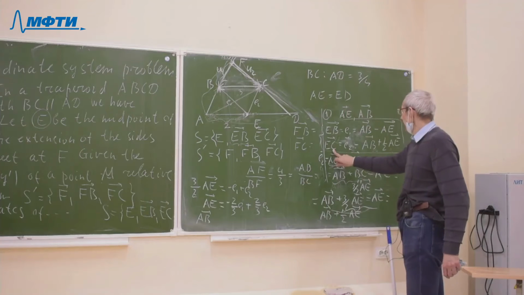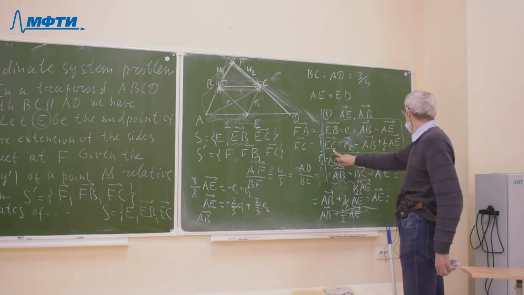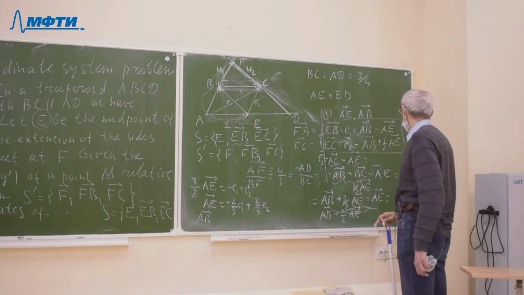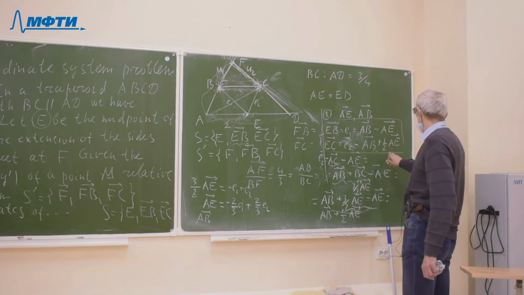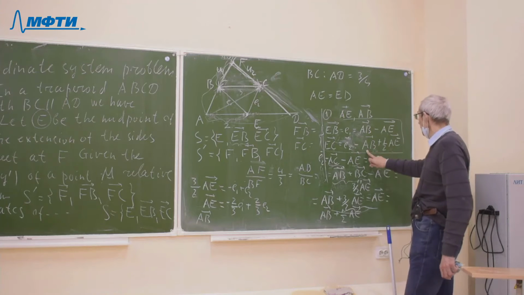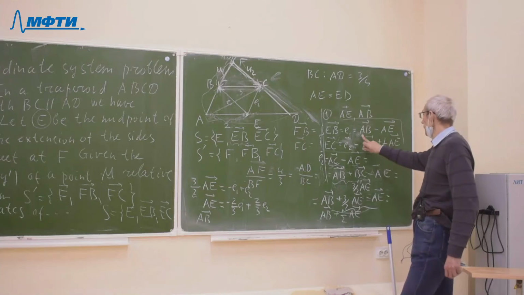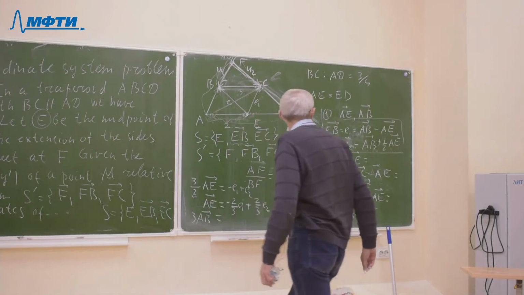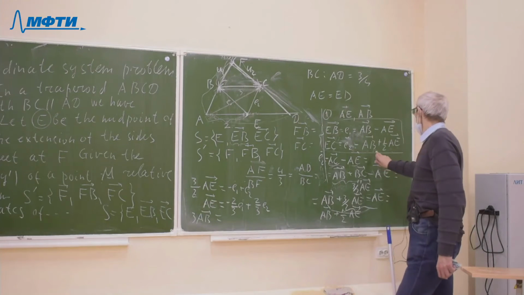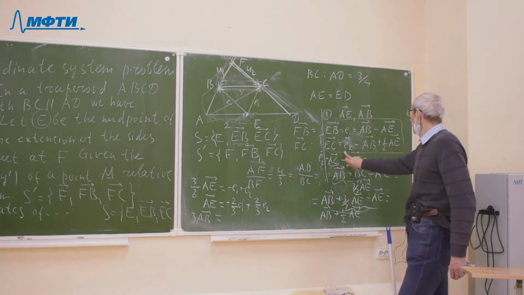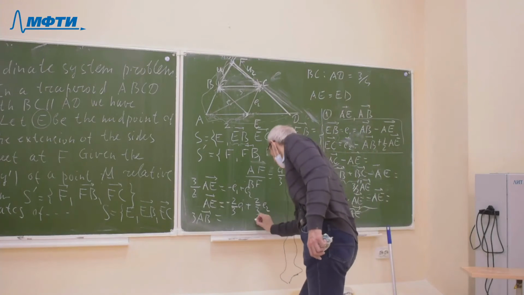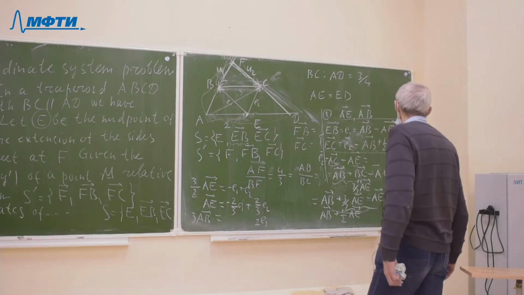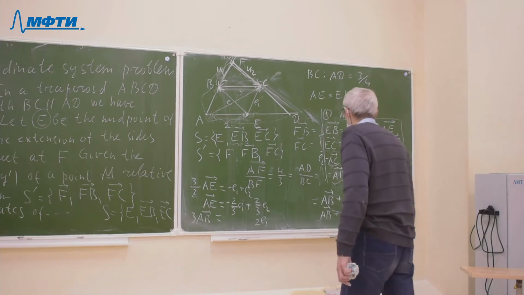Let's multiply the second equality by 2 and add the first equality. And we obtain 2AB plus AB, 3AB is equal to 2E2 plus E1.